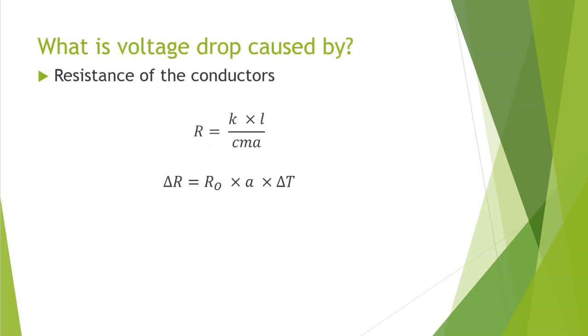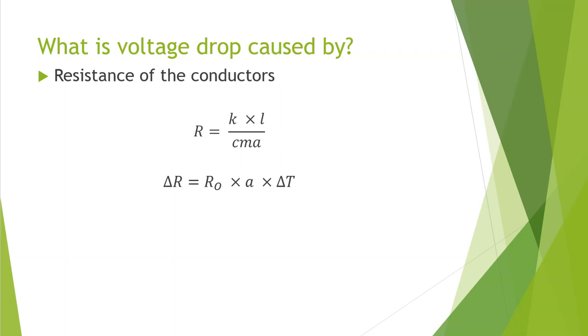Now let's take a look at the factors that are involved in causing voltage drop on the conductors themselves. At the end of the day, when we look down at the circuit level, we have to recognize that whether it's a copper conductor or an aluminum conductor, those conductors will have inherent resistance of their own.